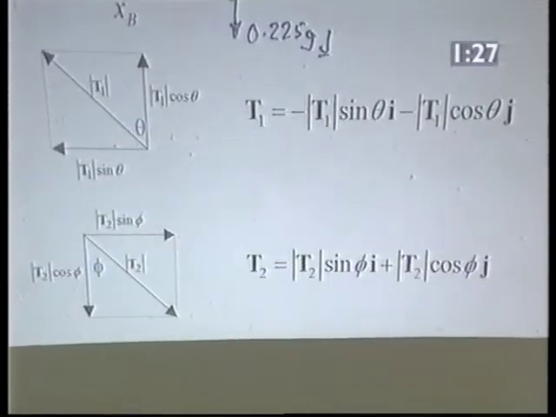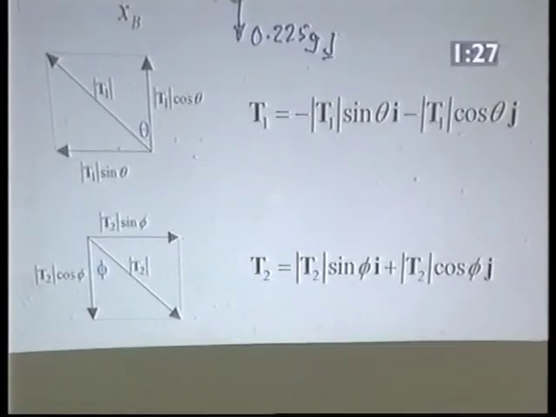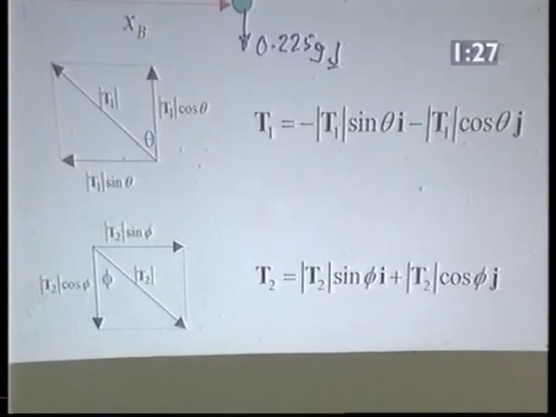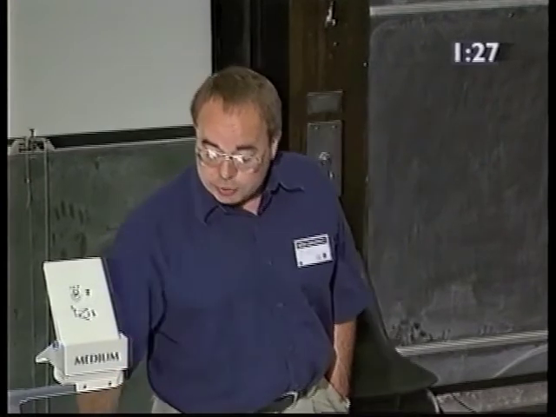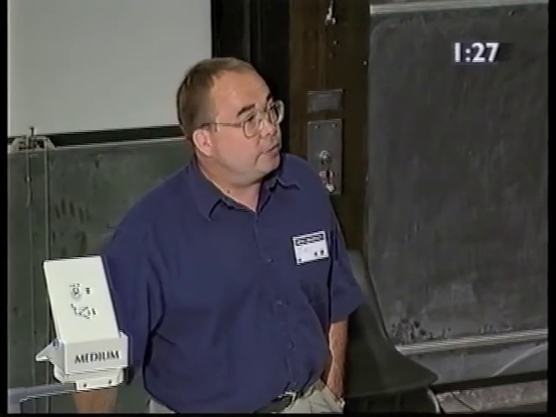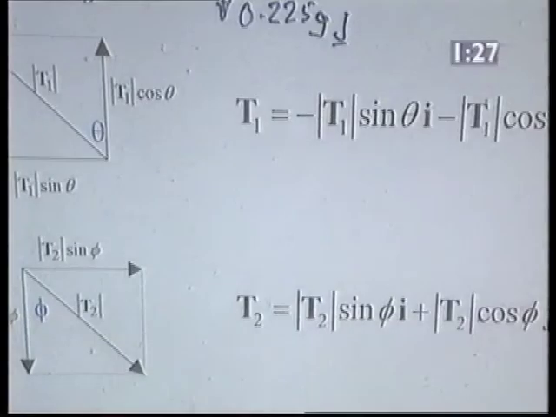Similarly for the force T2, T2 is acting in this direction here, and this makes an angle phi with the vertical. The two components, the projections on each of these directions, is essentially T2 dotted with the unit vectors in that direction, which involves the cosine of this angle, so we get T2 cos phi and T2 sine phi.